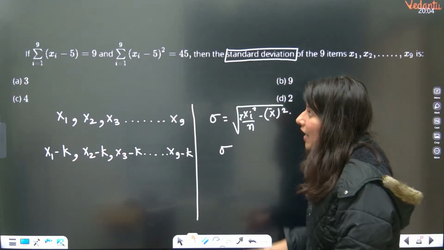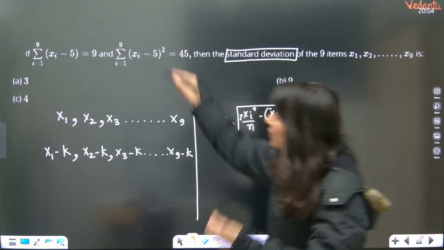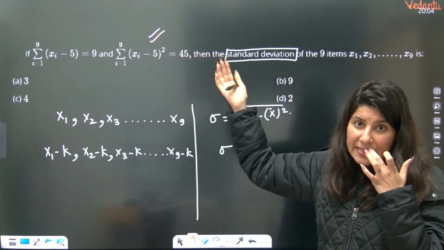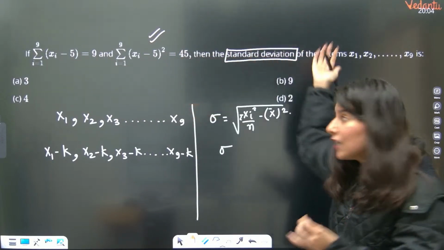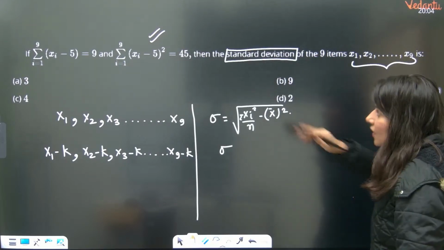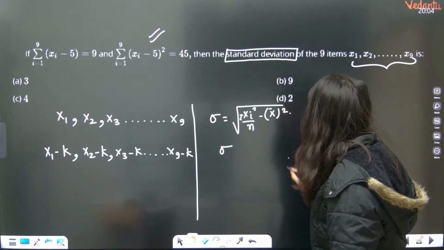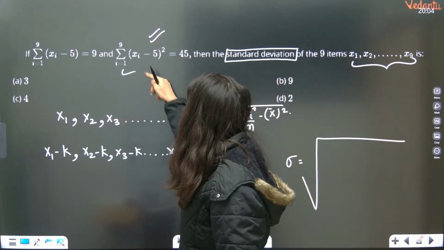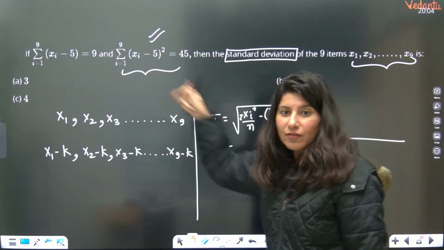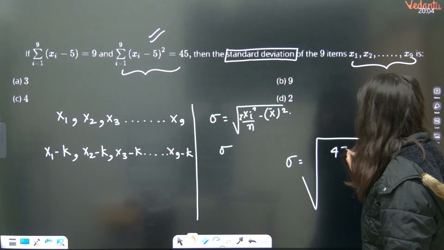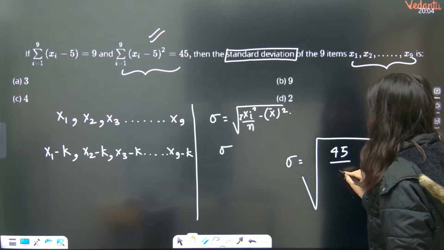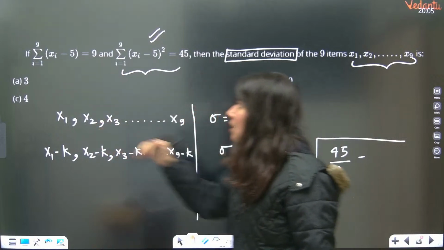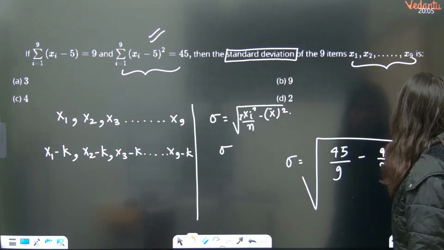Now if you calculate the standard deviation of this data, x1 minus 5, x2 minus 5 and all the way up to x10 minus 5, it will be equal to the standard deviation of this data. So sigma is equal to the square root of sum of squares of all the observations, 45, upon 9, minus mean. Mean is the sum of all the observations upon the total number, so 9 by 9 whole square.